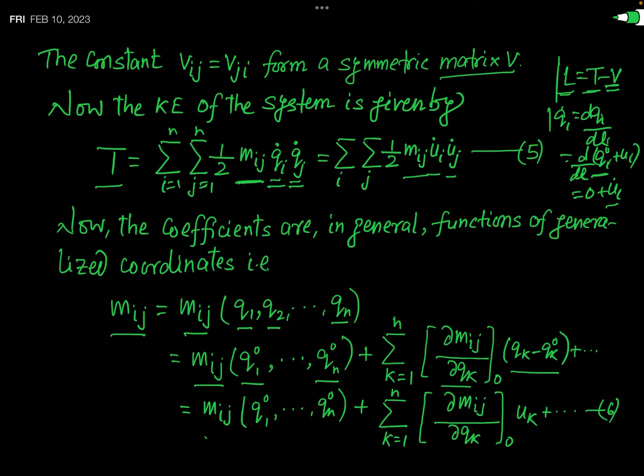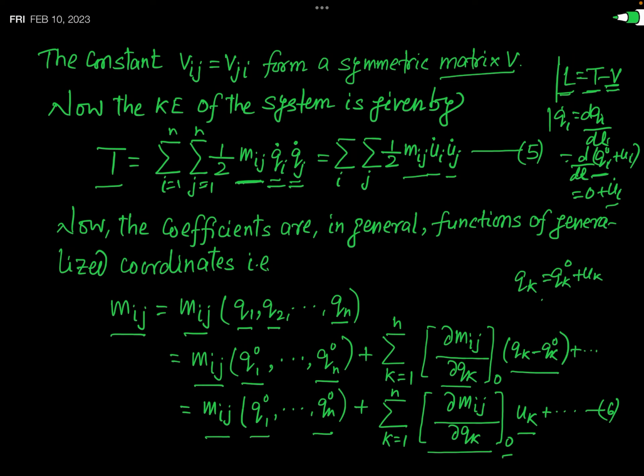This can be written as Mij at q10 to qn0 plus summation k from 1 to n of del Mij by del qk at equilibrium position. The 0 refers to the equilibrium position, because qk is equal to qk0 plus uk.